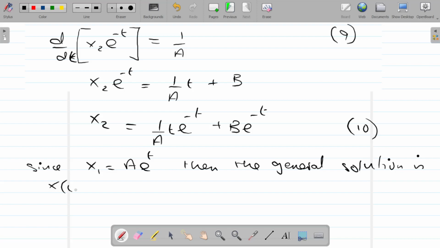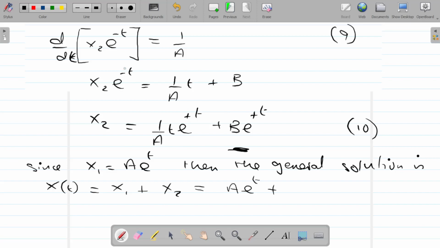x of t equals x1 plus x2, which is equal to a e to the t, and we'll put this b e to the minus t first. In fact, I've made a mistake there because those should be plus t, shouldn't they?